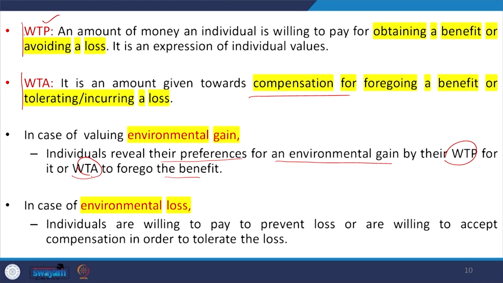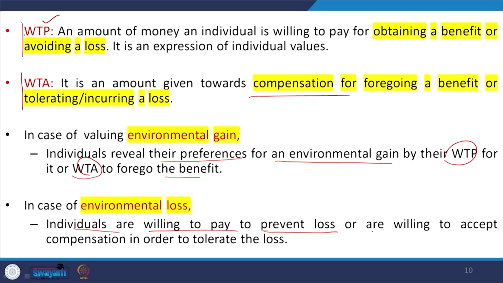Here the individuals are willing to pay to prevent the loss, because when the policy is to be implemented and they anticipate a loss, obviously they will try to prevent it. Or the second possibility is that they will be willing to accept compensation in order to tolerate the loss and let the particular policy be implemented.